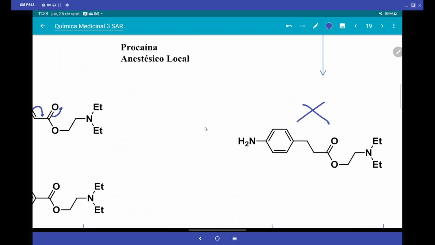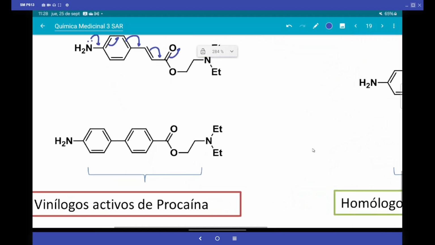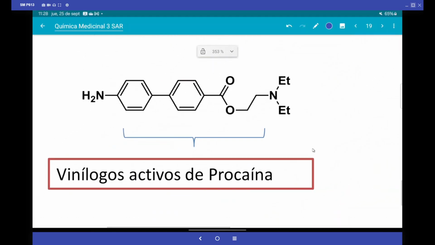That is so drastic that with the simple link, the activity is also lost. If you place a derivative with two benzene rings attached, called biphenyl, very well, we have a biphenyl.